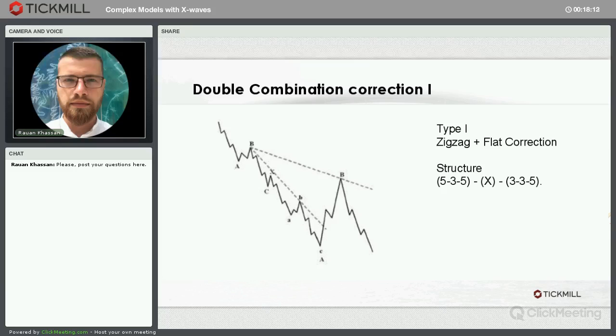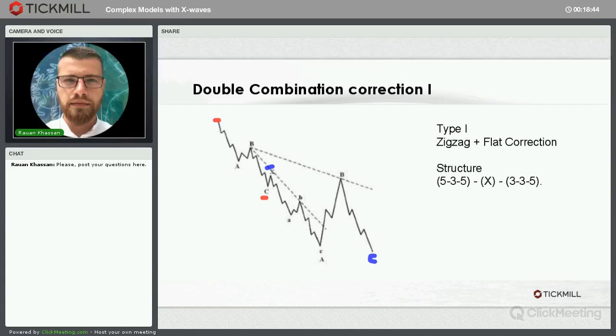On the given scheme, you see the start of the correction at the top of the screen. Zigzag, the first part of the double combination, ends at the marked point and is followed by the X wave. After that, you see A, B, and then C, the flat correction move.